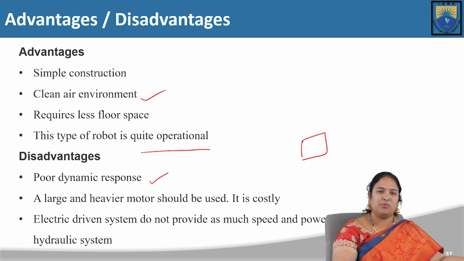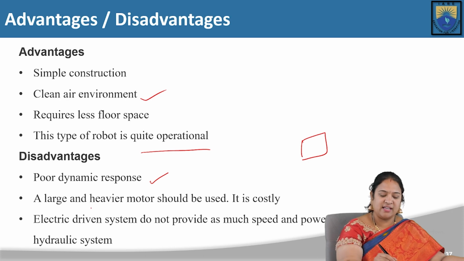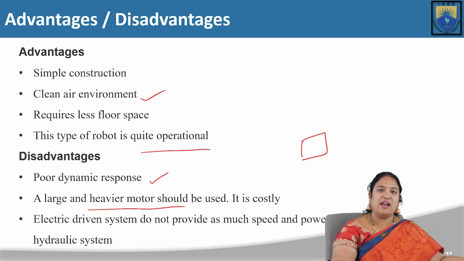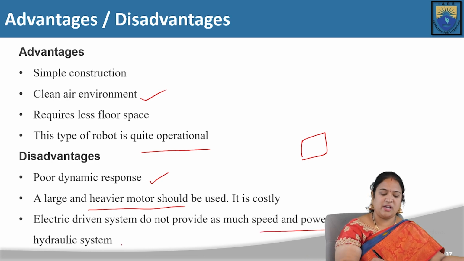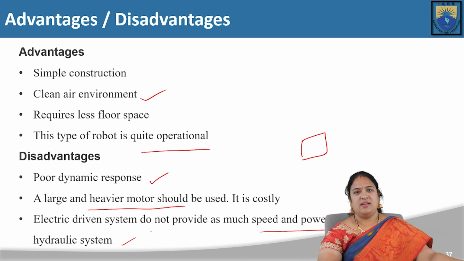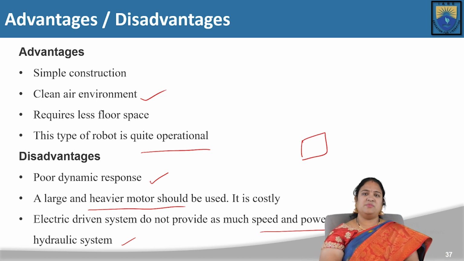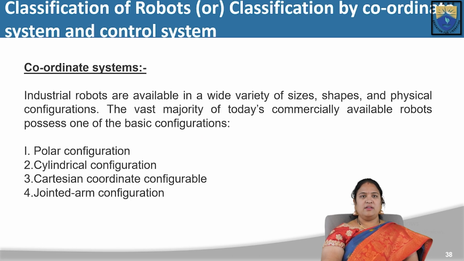Its dynamic response is poor compared to the others, and as I've told you, it cannot lift larger and heavier loads. It is costlier, and the speed and power compared to the hydraulic are less. Right, the electric driven systems have lesser speed and lesser power than the hydraulic system.